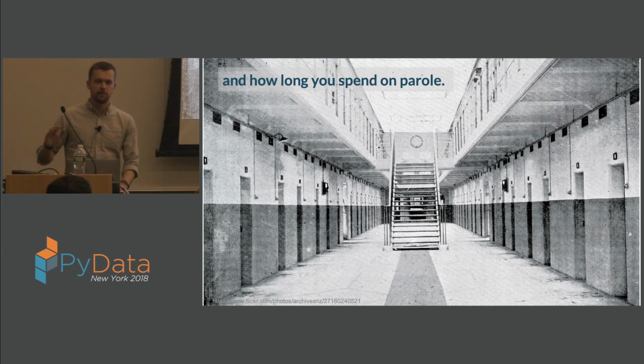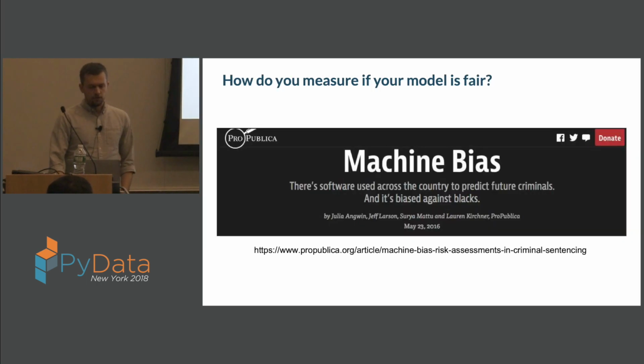A quick show of hands, how many of you are familiar with the controversy around the COMPAS recidivism model? People have heard of that? A handful? Okay. So the story here, for those of you who are unfamiliar, is that ProPublica, which is an independent investigative journalism outfit, did an investigation into this model called COMPAS that's used to predict recidivism, so predict the likelihood that people in prison will recommit crimes once they are released.